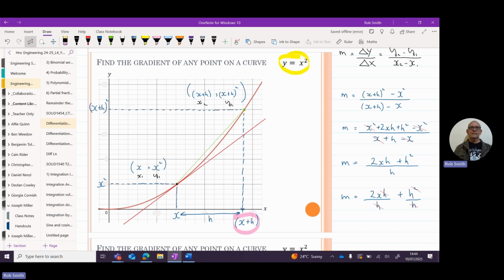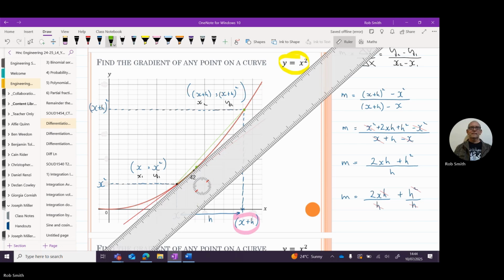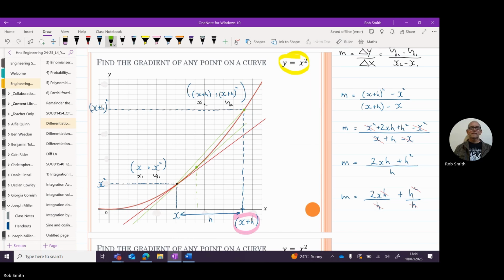So if I made it here, if I brought my green dot here, and then I connected my line to it, you can see that actually that gradient is getting closer to it.